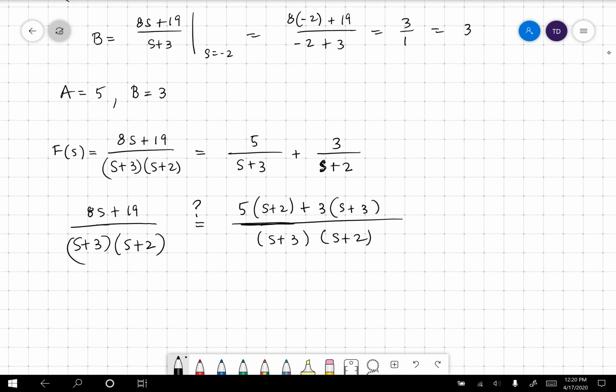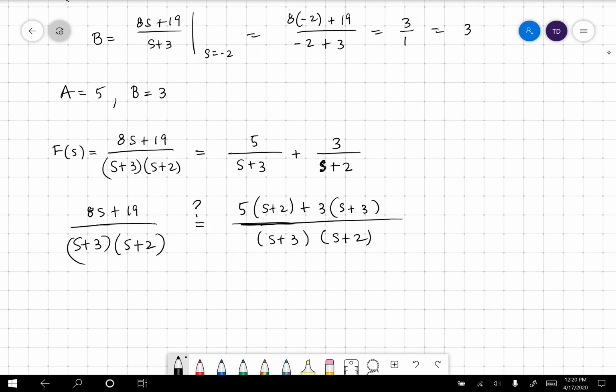So in this mistake, let's say we have (8s cubed plus 19) over (s plus 3)(s plus 2). Let's say that that's F(s). So I'm going to say that's equal to A over (s plus 3) plus B over (s plus 2).